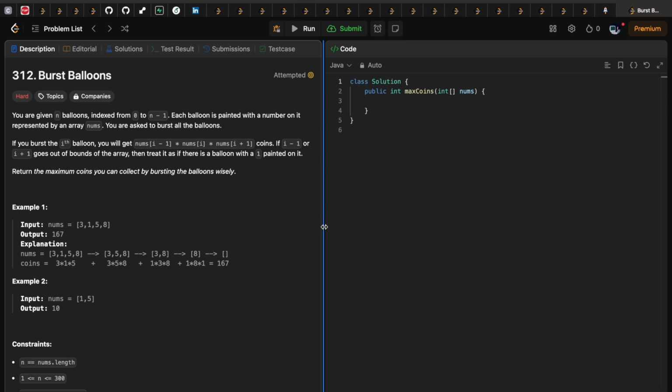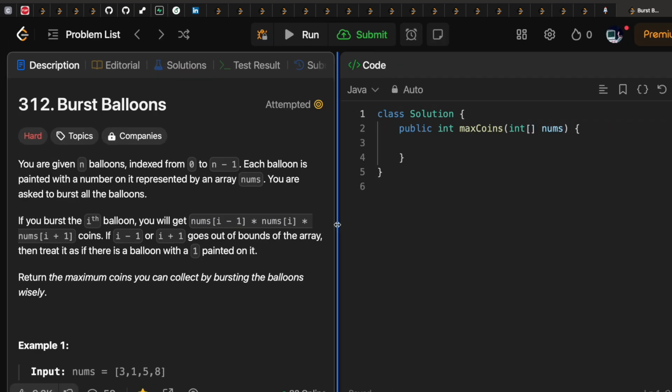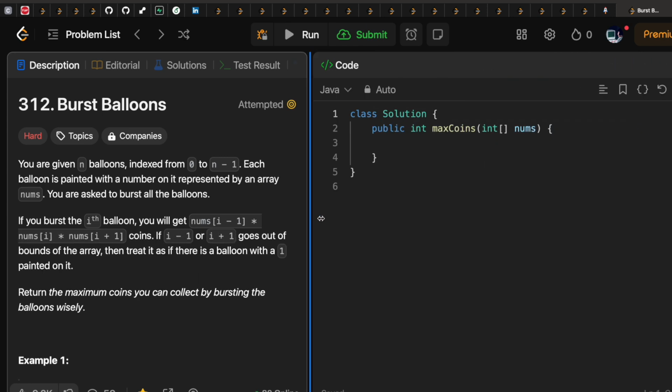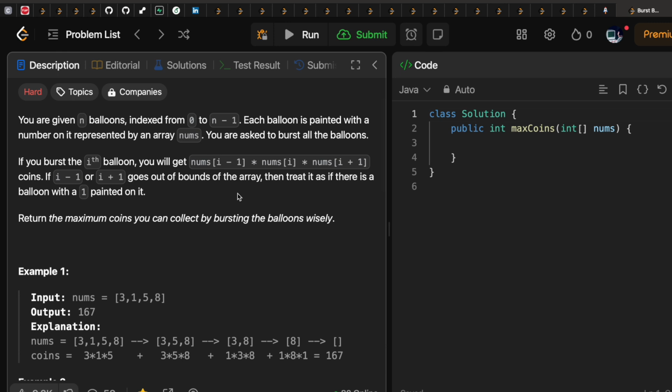Let's read out the problem. You are given n balloons indexed from 0 to n minus 1. Each balloon is painted with a number on it represented by nums. So these are the n balloons, and this is the number on the ith balloon. You are asked to burst the balloons.